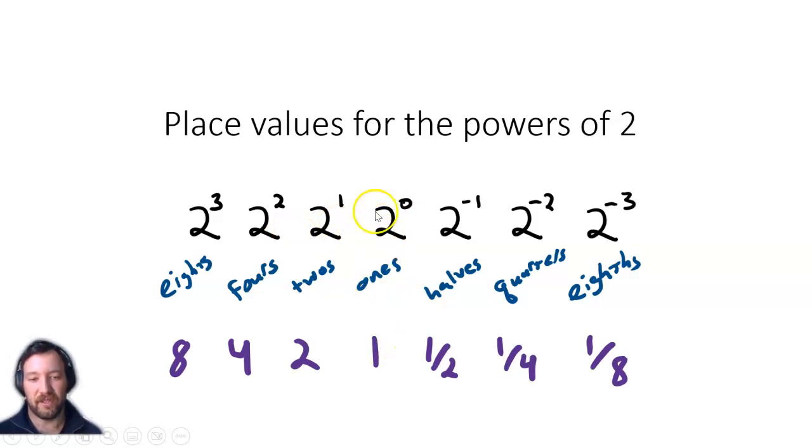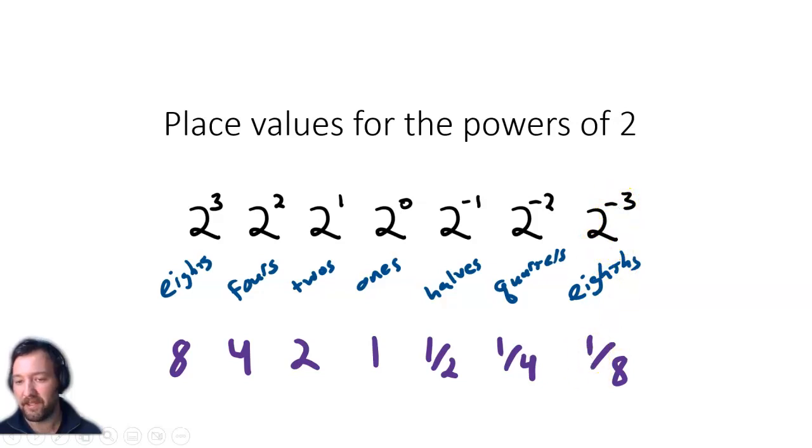So 2 to the 0 is still 1, 2 to the first is 2, 2 squared is 4, and 2 cubed is 8. That means in base 2, instead of having a tens place, a hundreds place, a thousands place, you have an eights place, a fours place, a twos place, a ones place, and then the decimals, instead of tenths, hundredths, thousandths, you have halves, 1 over 2, quarters, 1 over 4, and eighths, 1 over 8, right?